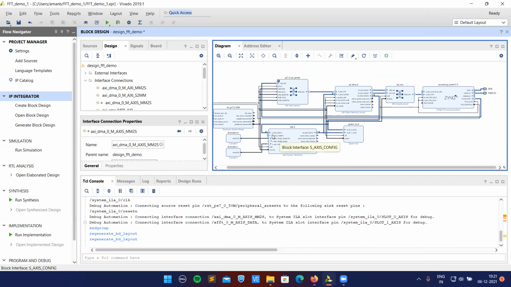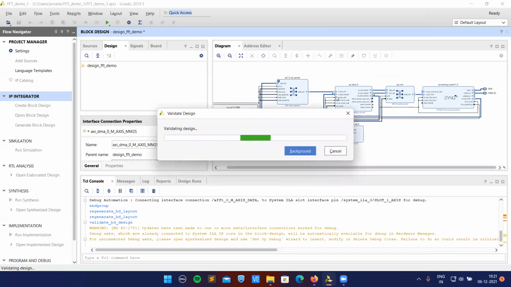Then we set these explicit constant values to the S_AXIS_CONFIG of the FFT, and then we enabled debugging at these two ports, and the system ILA block was generated automatically. So our block design is now complete. Let's validate our design.